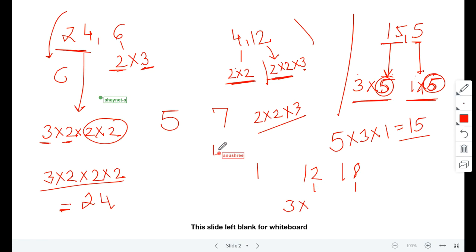You have to split 4 into prime numbers. 4 is not a prime number. Split 4 into prime numbers. What will you get?